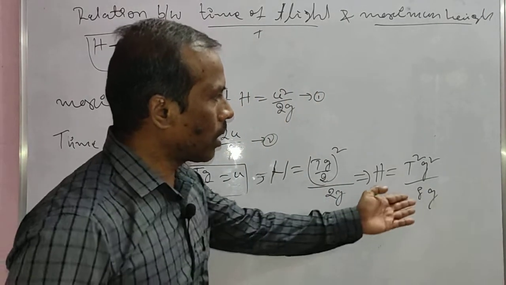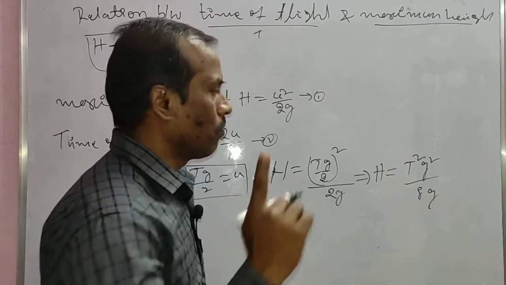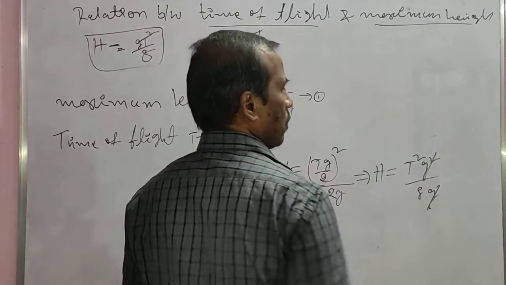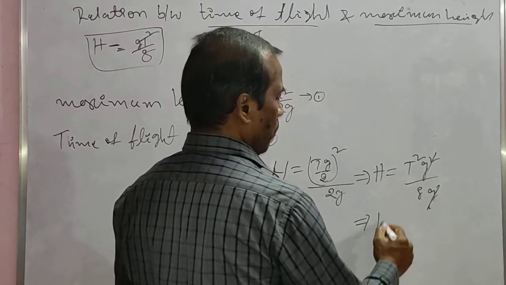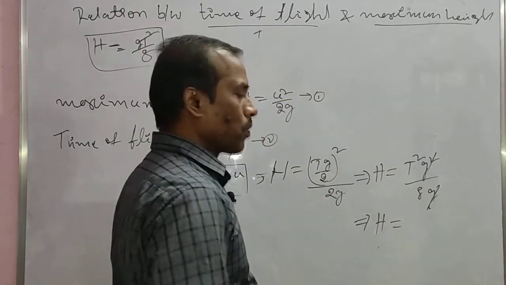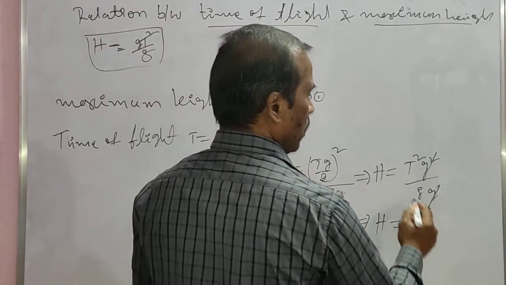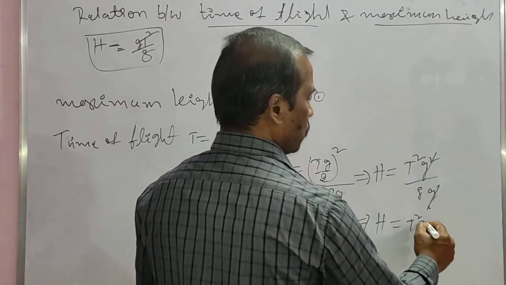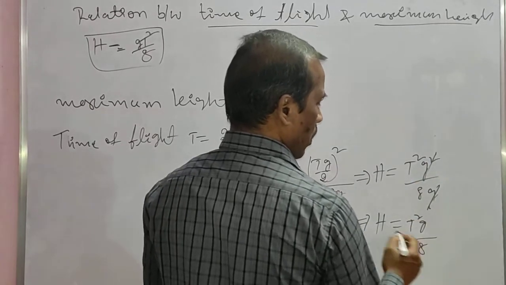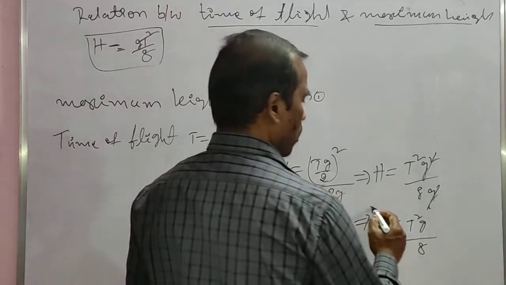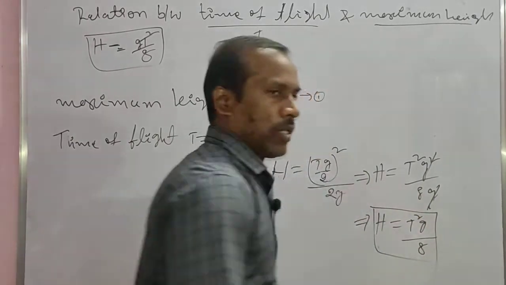Now the g terms get cancelled, so the maximum height h is equal to the remaining terms t square g by 8. This is the second method, very simple.